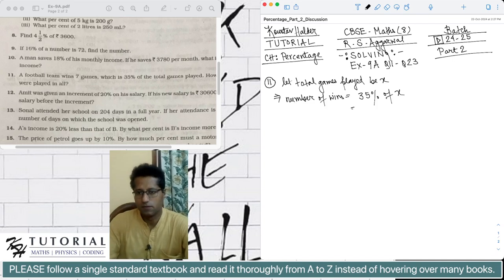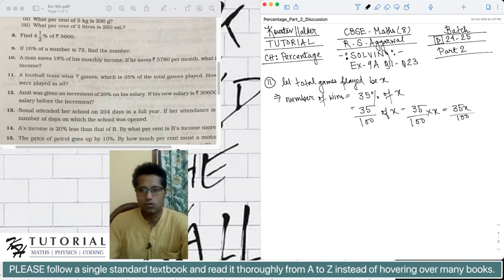Now 35% of x: 35% means 35 by 100, so 35 by 100 of x. The of operator means multiplication, so 35 by 100 multiplied by x is 35x by 100. Now it is given that the number of wins is 7, so 35x by 100 is equal to 7.